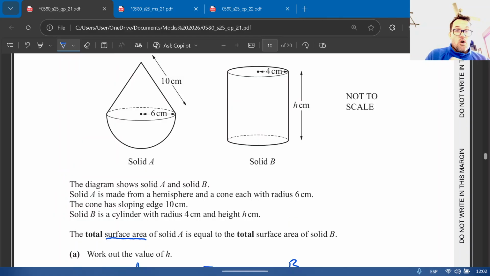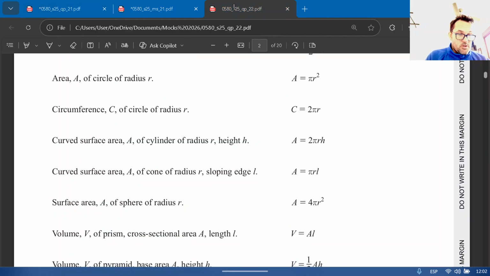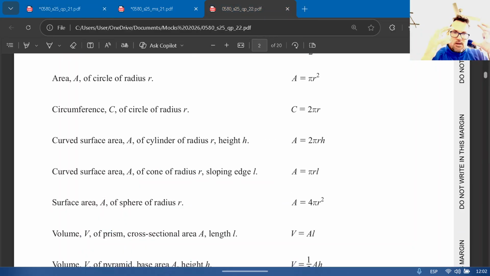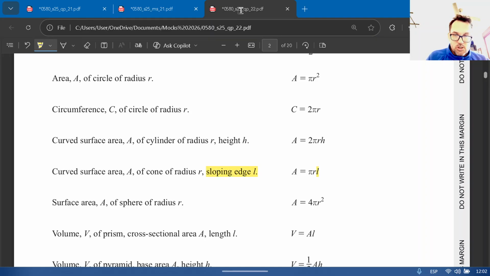Okay, but then there's the cone. We go back here and we saw that curved surface area of a cone. Again, we have the cone here. The cone has a base, but that base is inside the solid, so it doesn't form part of the surface area. So we can just use this formula. It's pi r l. Please note that l is the sloping edge.